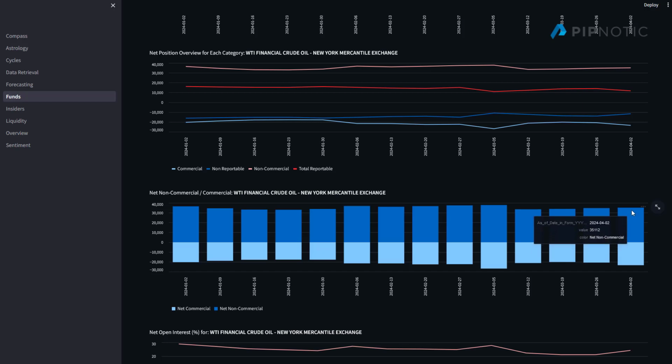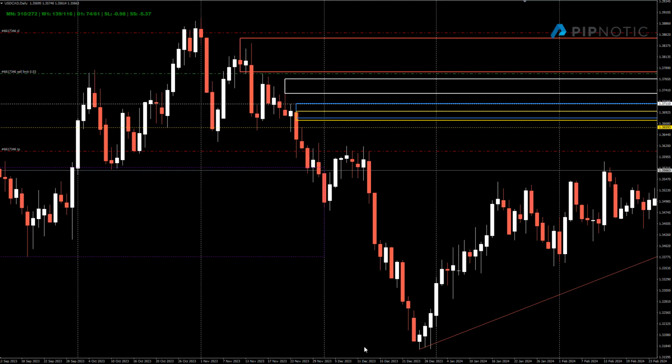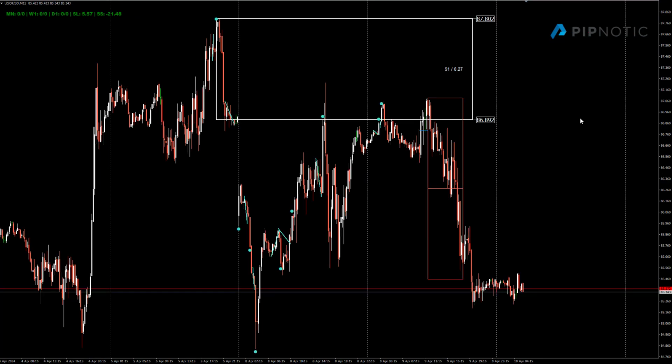So the net non-commercial longs increased a little bit to the upside, and we went down a little bit, 2758, and then minus 23,440. So we're slightly moving down. Okay, and so this is why I decided to sell this one here.